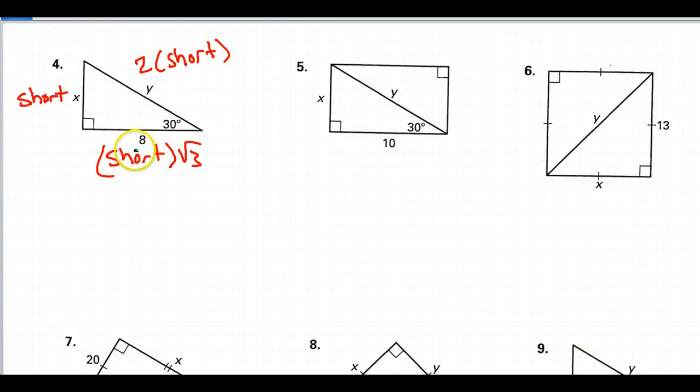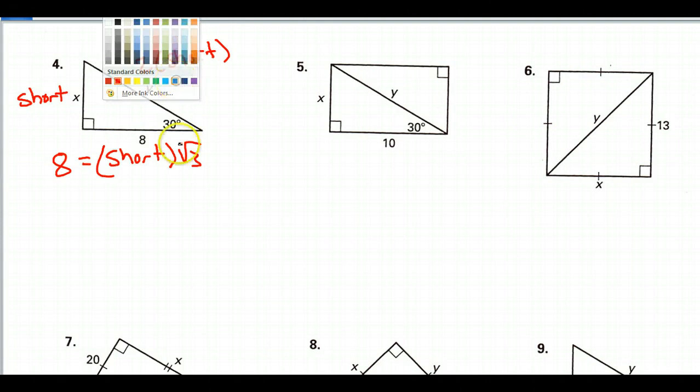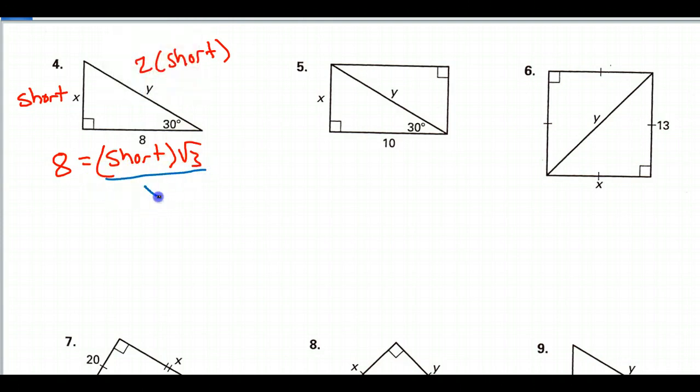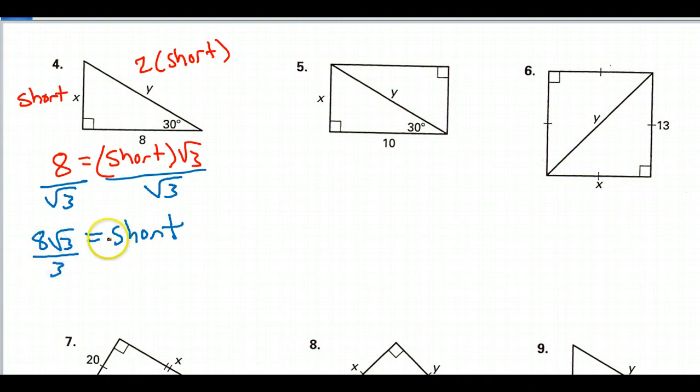Because of this 8 right here, this means that 8 equals short radical 3. But we can divide this by radical 3 on both sides, and that's going to give us that short is equal to 8 radical 3 over 3.